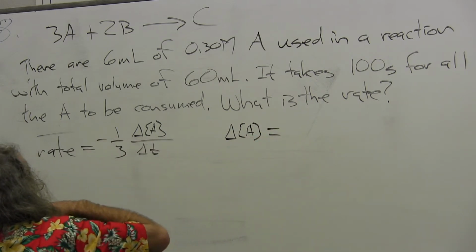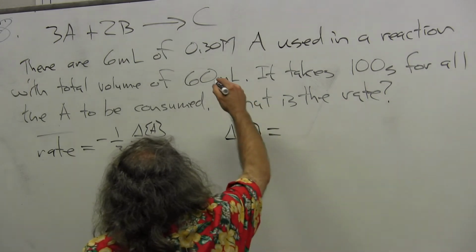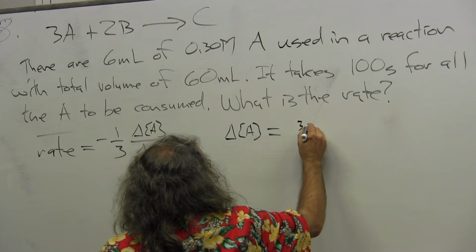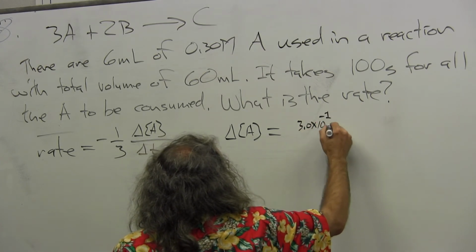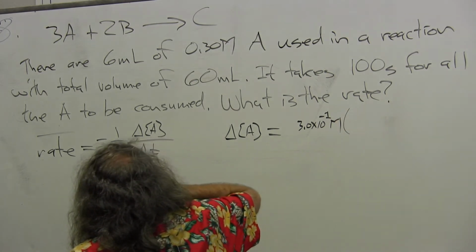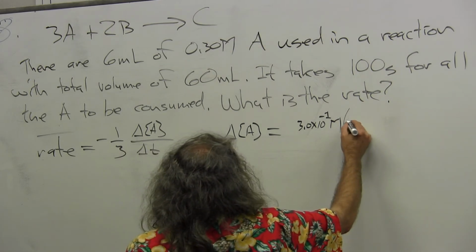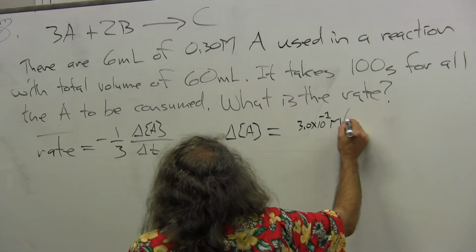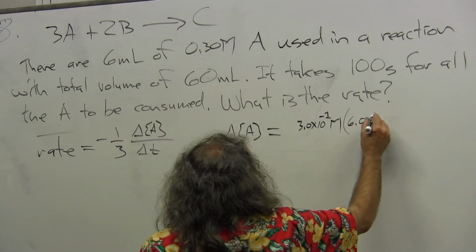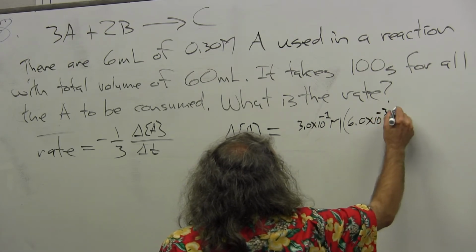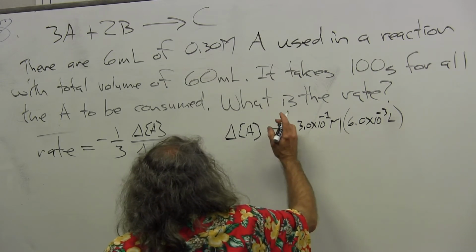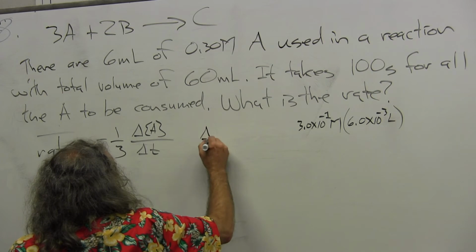Now I have to determine what delta A is going to be from the given information. The molarity is 3.0 times 10 to the minus 1 molar, and how many liters? 0.06 liters, which I'm going to call 6.0 times 10 to the minus 3 liters.